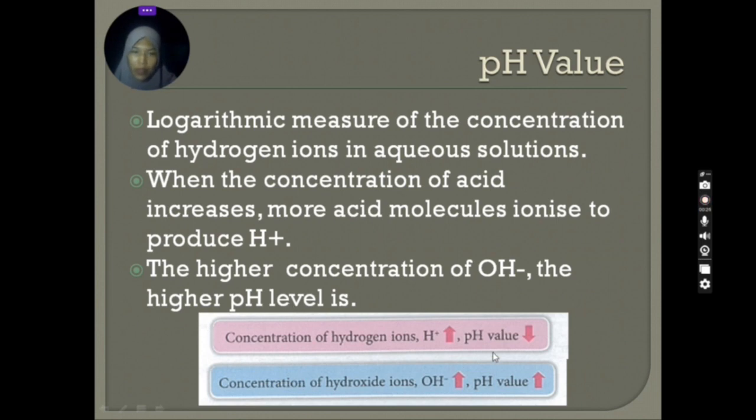Right here, the pink box. If the concentration of hydrogen ions increases, pH value will decrease. On the other hand, for alkalis, the higher the concentration of hydroxide ions, the higher the pH value is. The blue box.